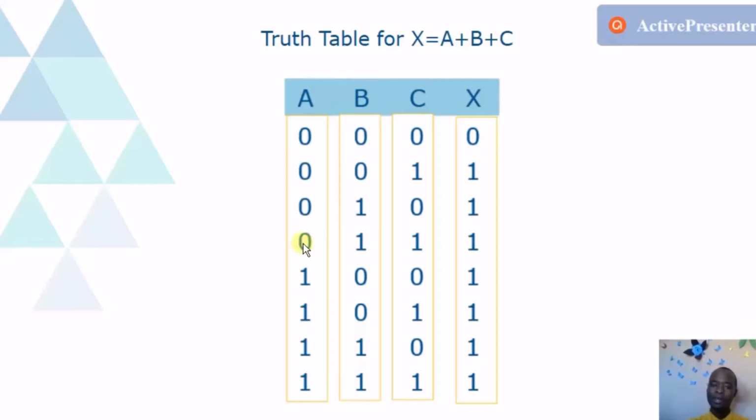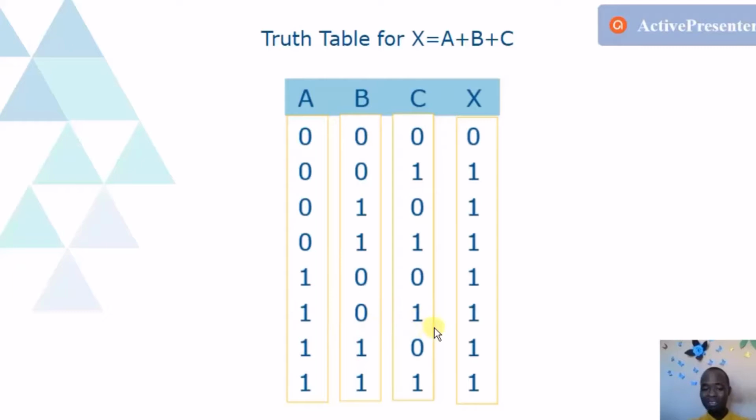Now here you have under A you have 0, 1, 1. Now this qualifies the whole statement, the whole values to be what? To be true. Now you have 1 under A, you have 0, 0, which is equivalent to false. Under this you have 1 here, and this qualifies it to be true. Here you have 1, 0, 1.